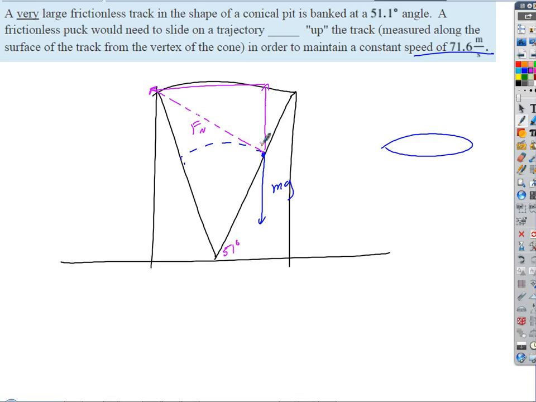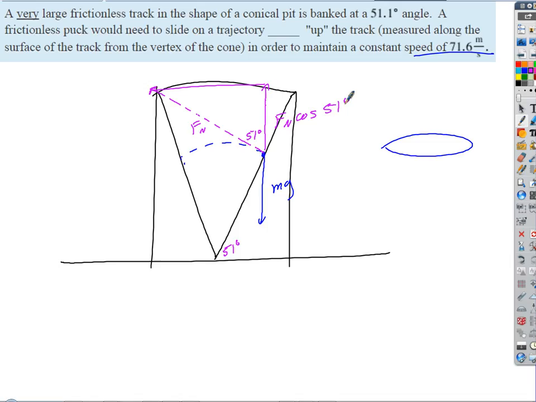The big angle goes with the big angle. Everybody agree? And so what's going to be the vertical component of the normal force in terms of sine or cosine? It's going to be a cosine, because that's my theta, so we get normal force cosine theta, which is cosine 51.